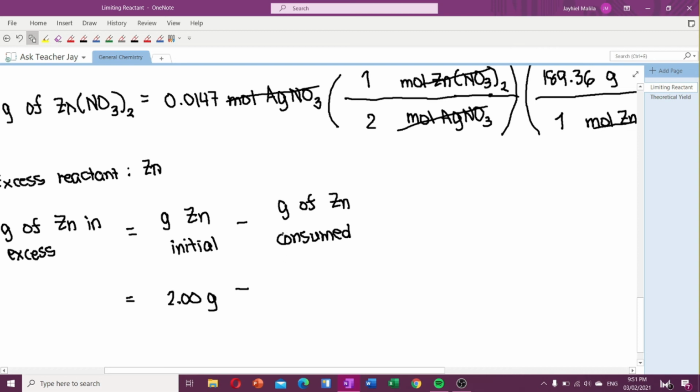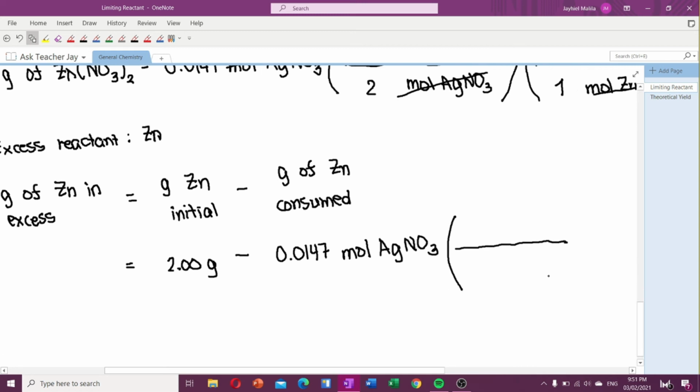To solve this part, again, you need to start with the amount of limiting reactant, as it will be our basis of calculation. So you have moles of AgNO3.